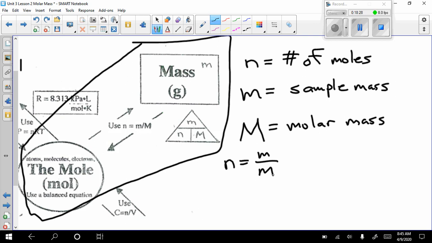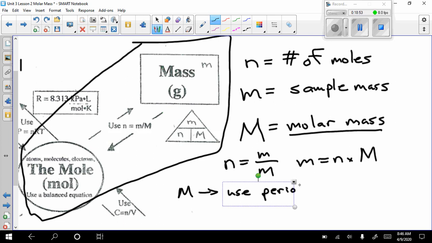If I cover up the sample mass, little m, I get a formula of n times capital M. And I would never really cover up capital M because I know that capital M always comes from the periodic table. If I ever want the molar mass of something, I use the periodic table to calculate it. I'm going to go to the periodic table and get that number.